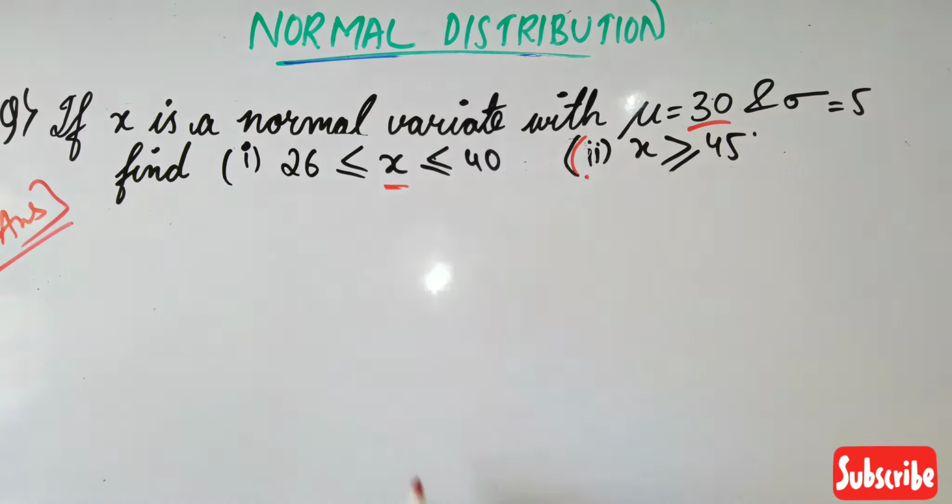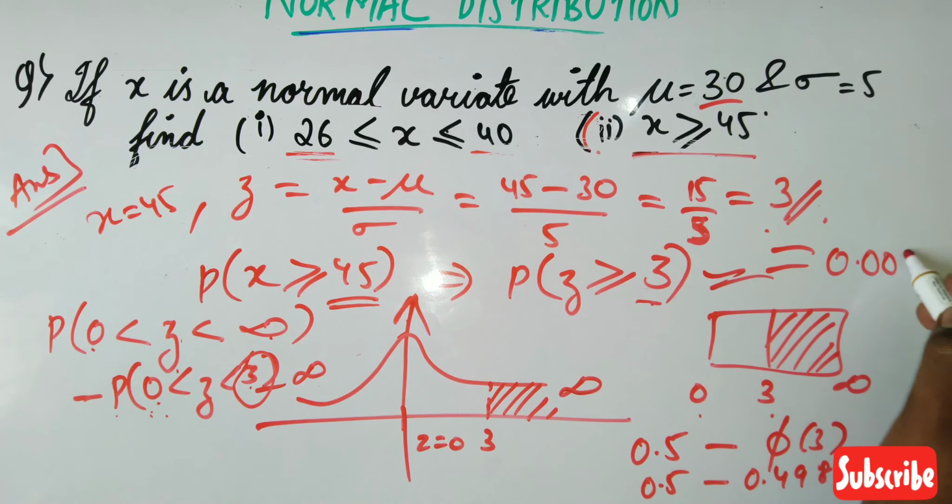As I discussed already, if it starts from 0 to some value, you have to take phi of that value. Now 0.5 minus phi of 3, which is 0.4987, gives 0.0013. So this will be my final answer.